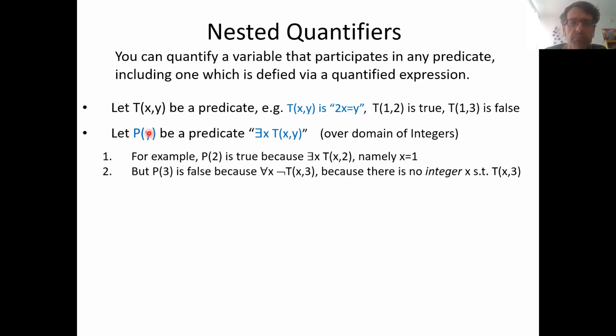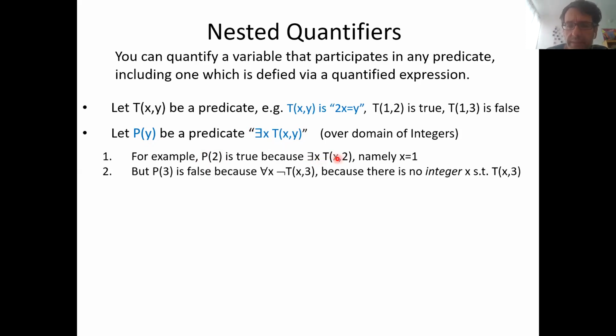Consider a predicate on y, which says that there exists an x such that T of x,y. In other words, this is the same as saying that there exists an x such that 2x is y. That's a predicate on y. So for example, take y equal 2, and let's see if this statement is true for it. Is it true that there exists an x such that T of x,2?